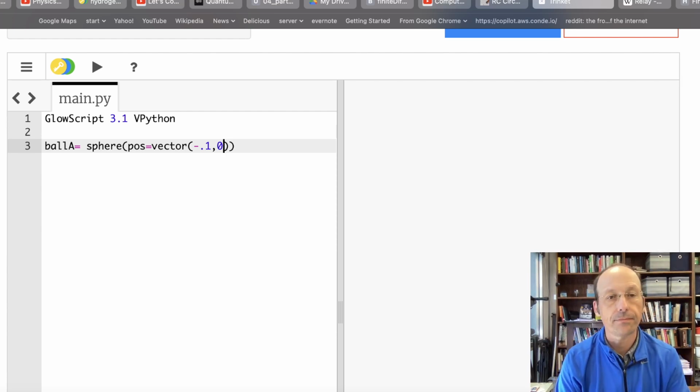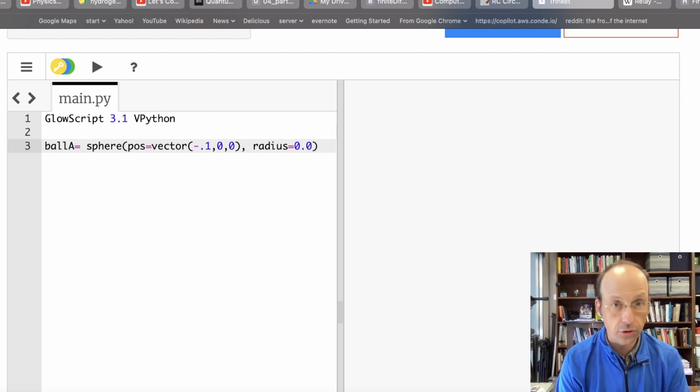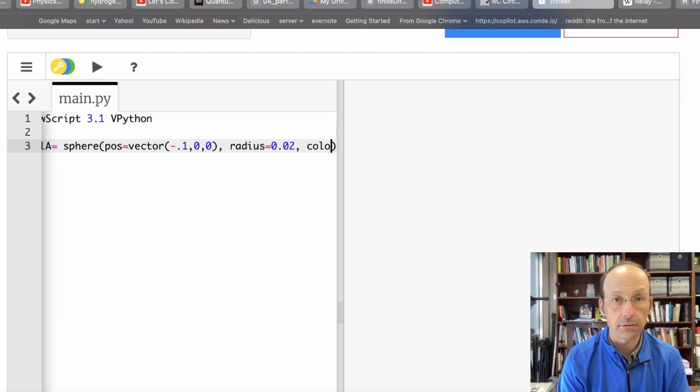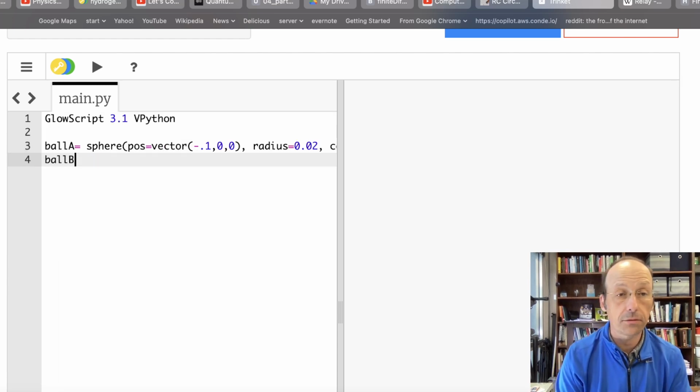So negative 0.100, and the radius is 0.02, and the color is yellow. And make trail equals true.